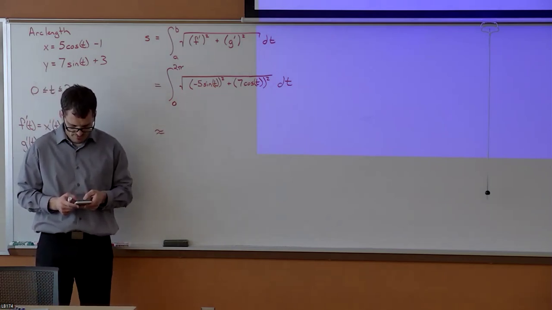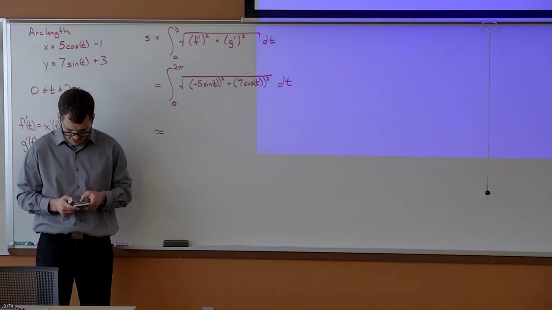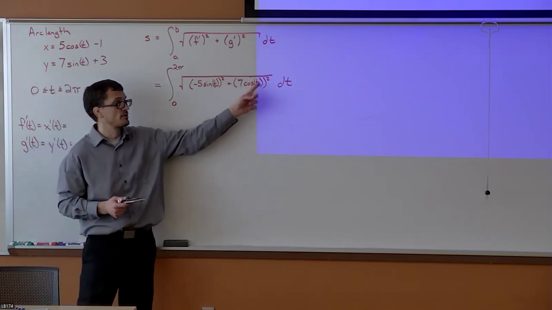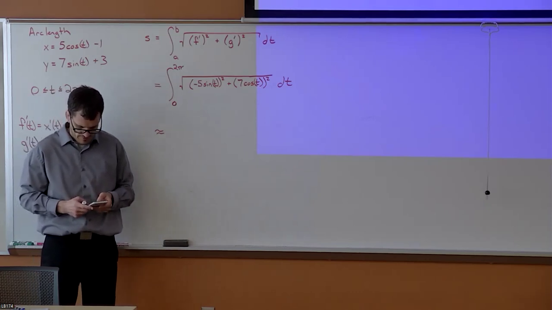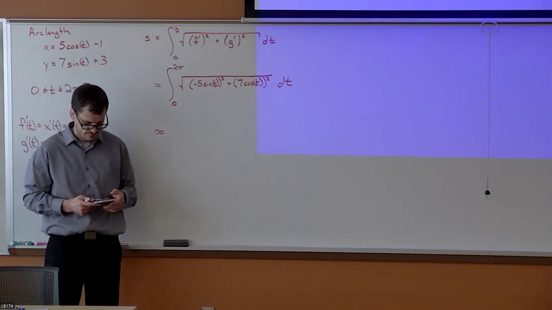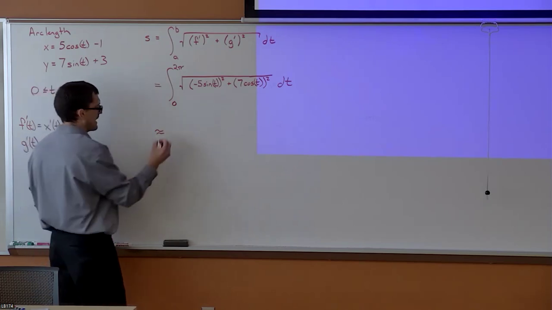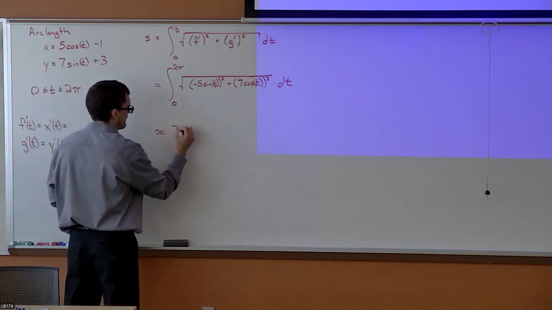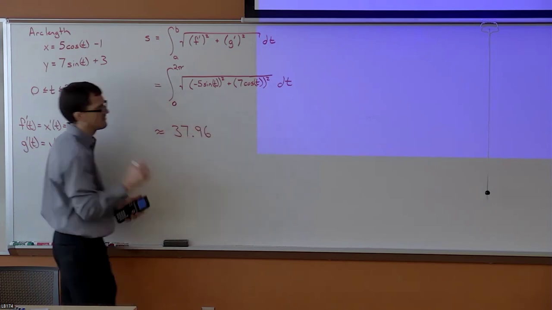And then plus, in parentheses, 7 times the cosine of t, all being squared. Again, 7 is inside the parentheses, it's being squared. And when that's all said and done, you get about 37.96.